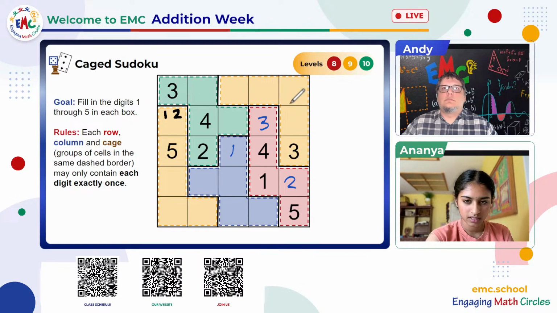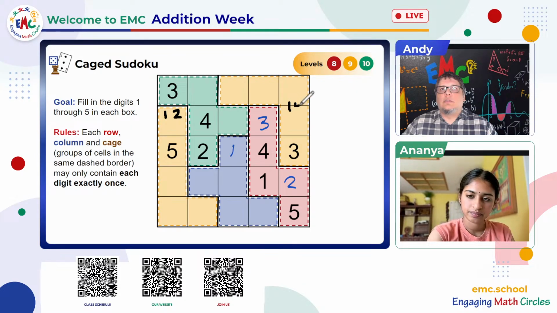This one can be 5 or... These 2 as a pair. Column wise, they can only be 1 or 4.